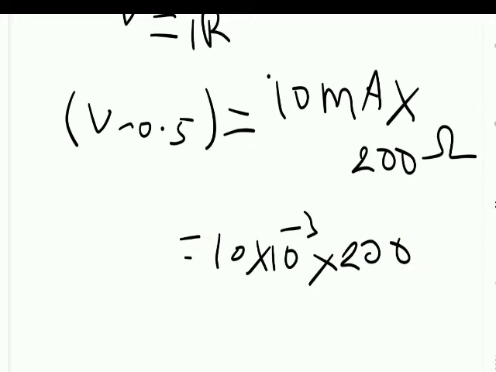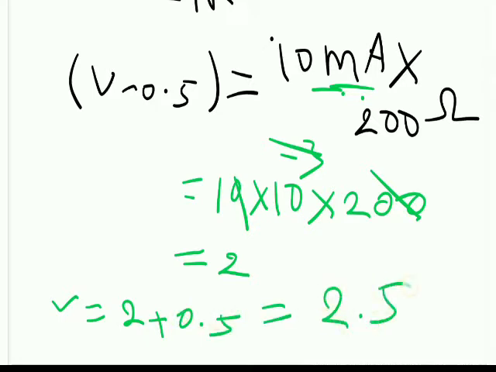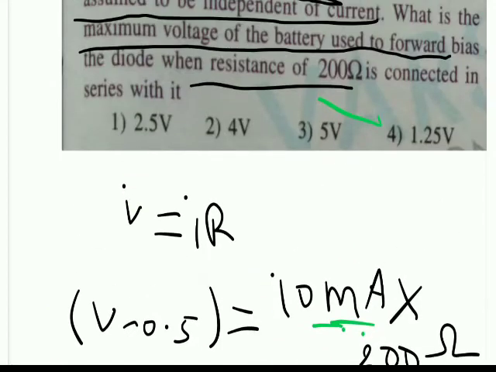So 1 2 3, minus 3 is cancelled, then our result is 2, then V is equal to 2 plus 0.5, so 2.5 volts is required.